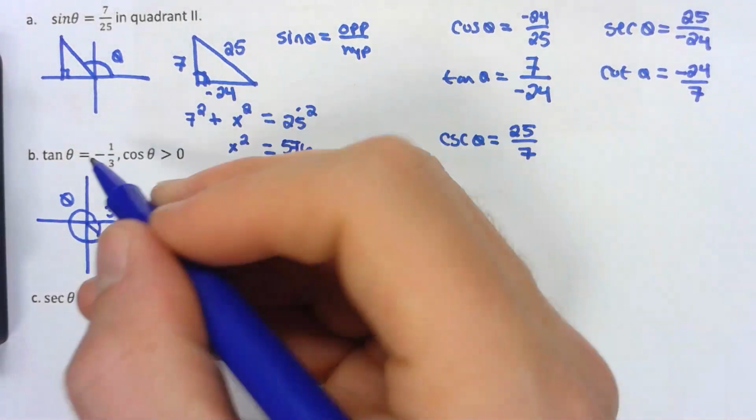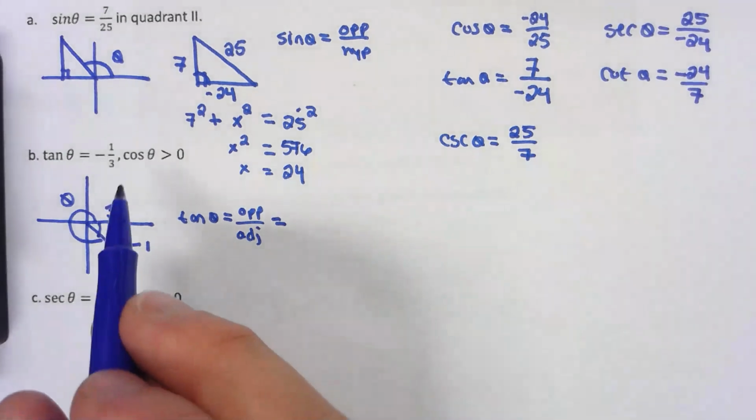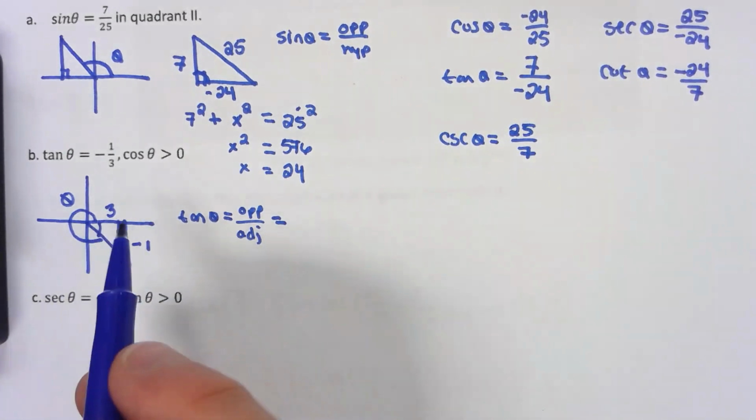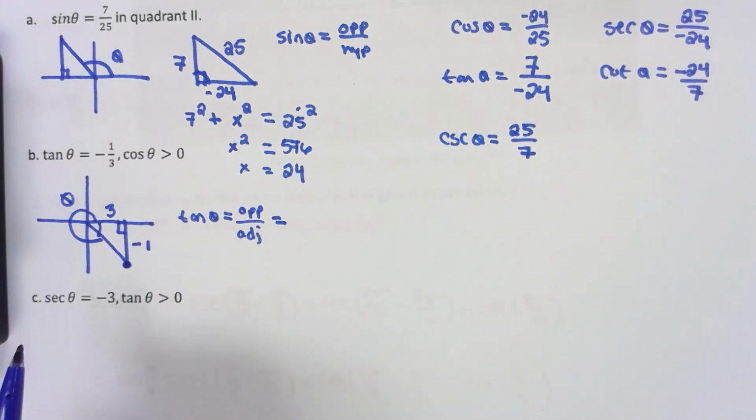Even though when we first write tangent of theta equals negative 1/3 we're not seeing any specific place where that negative needs to go, cosine of theta being greater than 0 tells us that this horizontal leg is positive and this vertical leg is negative. Right, so hopefully that helps you a little bit.